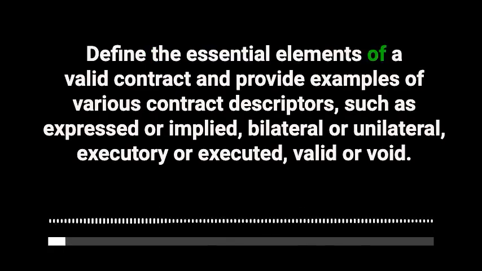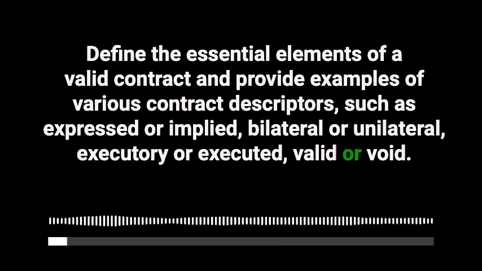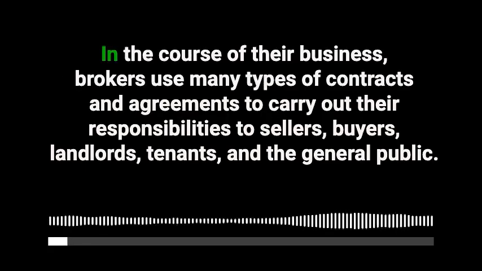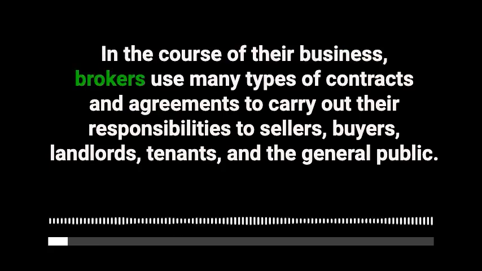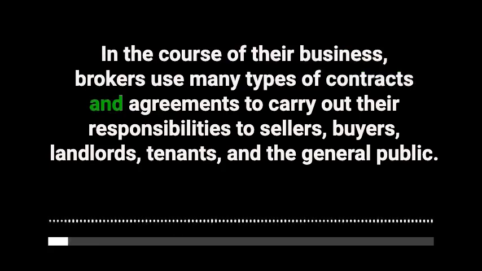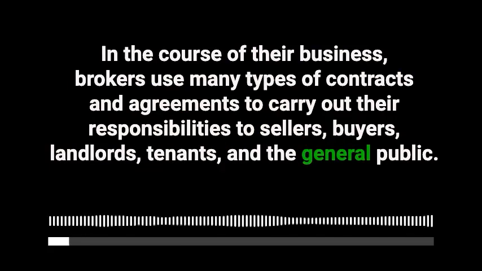Learning objective. Define the essential elements of a valid contract and provide examples of various contract descriptors, such as expressed or implied, bilateral or unilateral, executory or executed, valid or void. Contracts. In the course of their business, brokers use many types of contracts and agreements to carry out their responsibilities to sellers, buyers, landlords, tenants, and the general public.